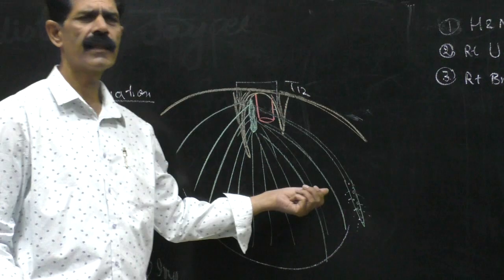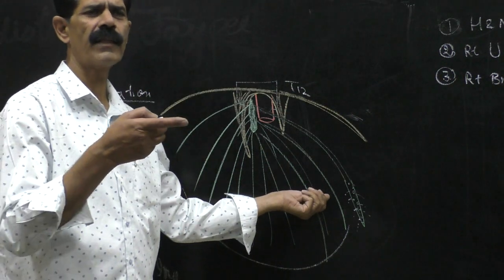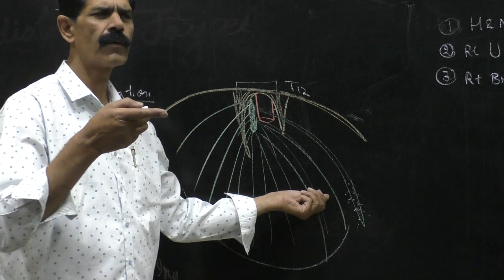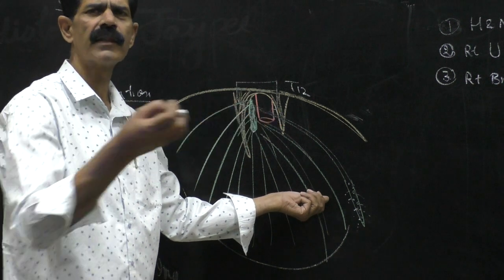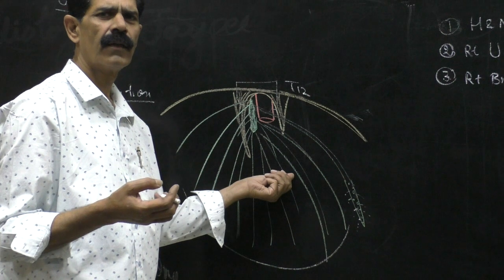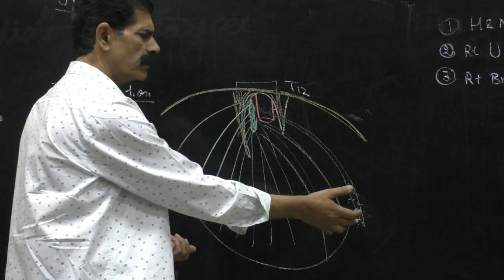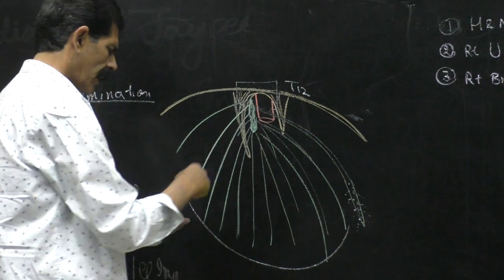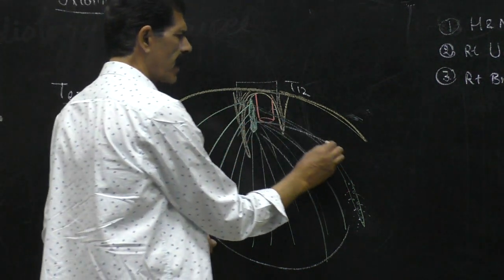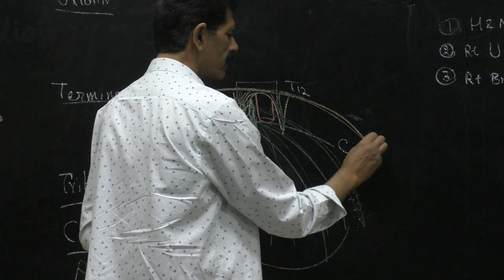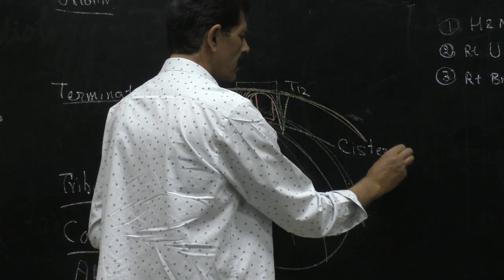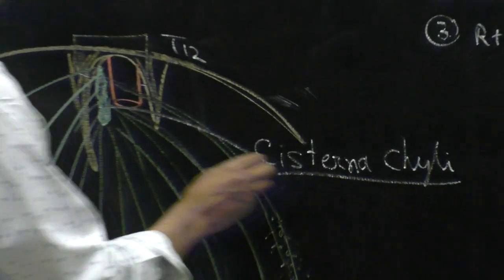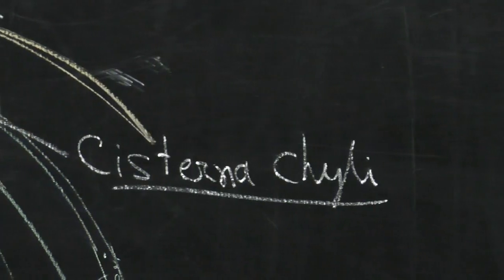So these lymphatics are like blind tubes, like a vacuum cleaner. Like if you put the nozzle of a vacuum cleaner in any corner, it will suck everything. The same is the lymphatics. So it will suck all the debris and throw it into this cistern. So this saccule on the abdominal side is called the cisterna chyli. It is the confluence of the lymphatics of all the organs of the abdomen.